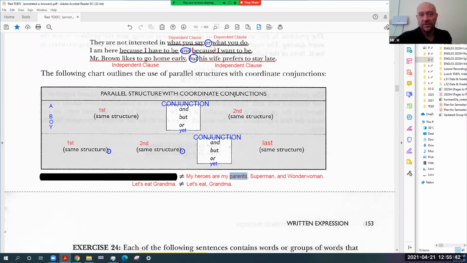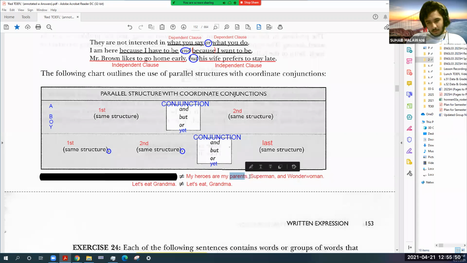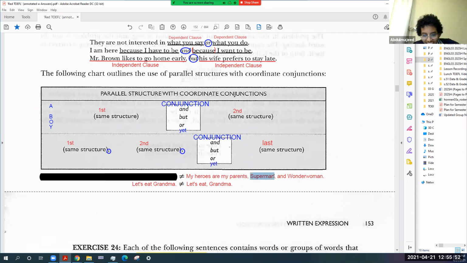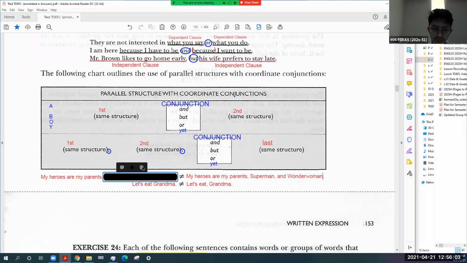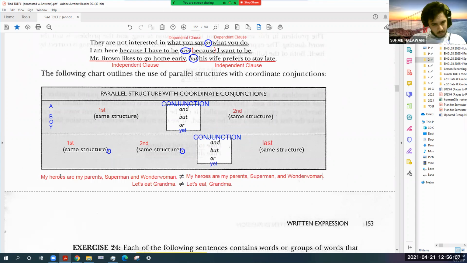Four: parents, Superman, Batman and Wonder Woman. But what about this example over here? Only 1 comma. Can you read that, Suhaib? My heroes are my parents, Superman and Wonder Woman.